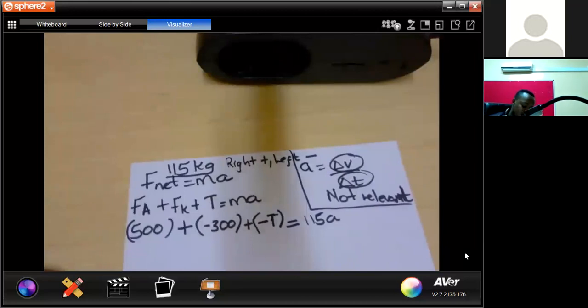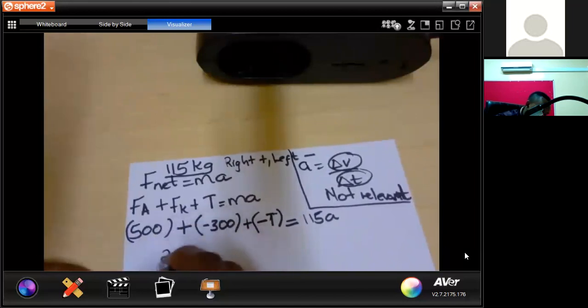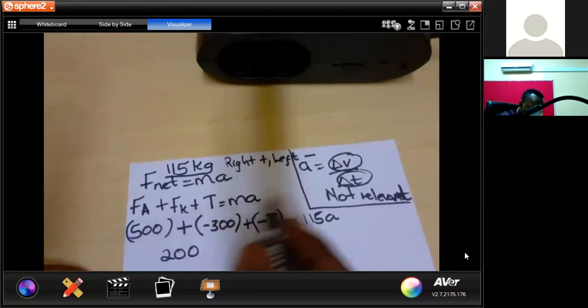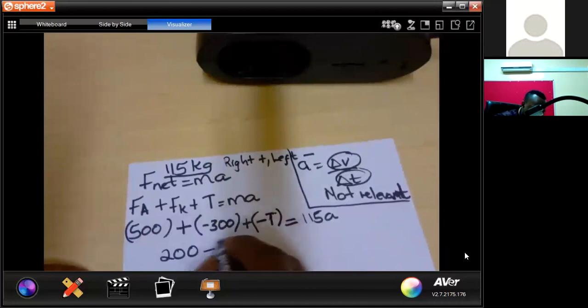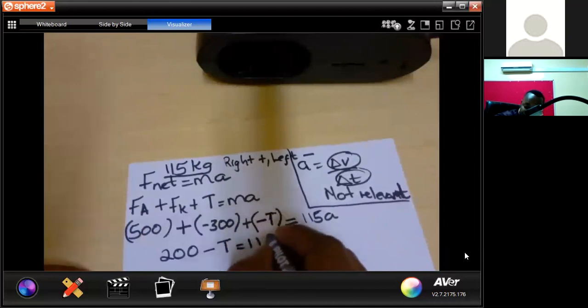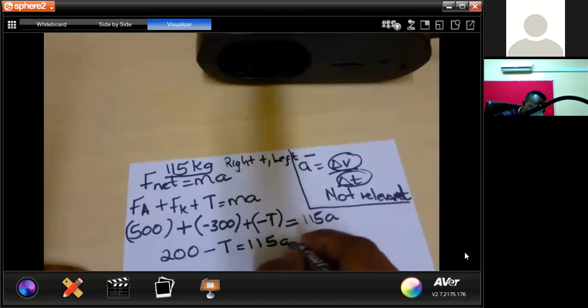Then to solve for that, if you do your maths, 500 plus positive times negative, it's negative. So 500 minus 300 will give you 200. I'm adding this because they are constants, right? They are values, they are the same. And then positive times negative, it's negative T, and that will give me 115A.